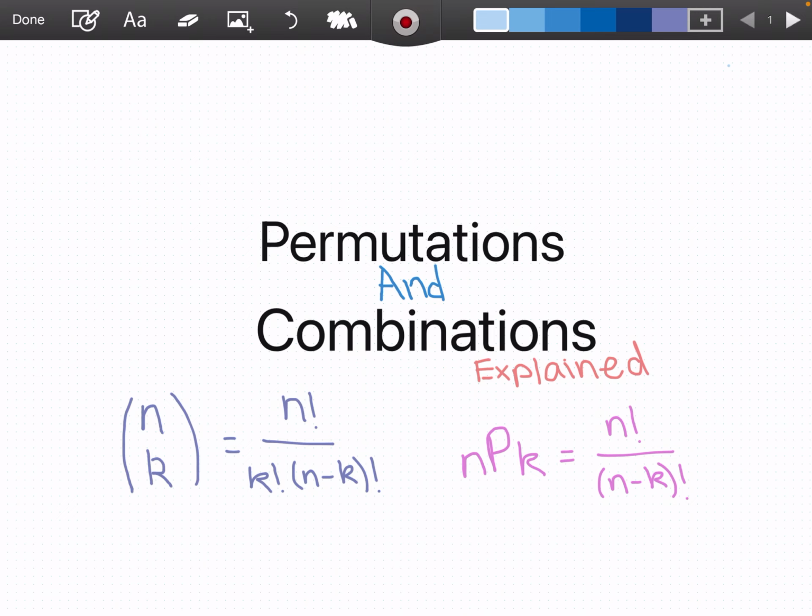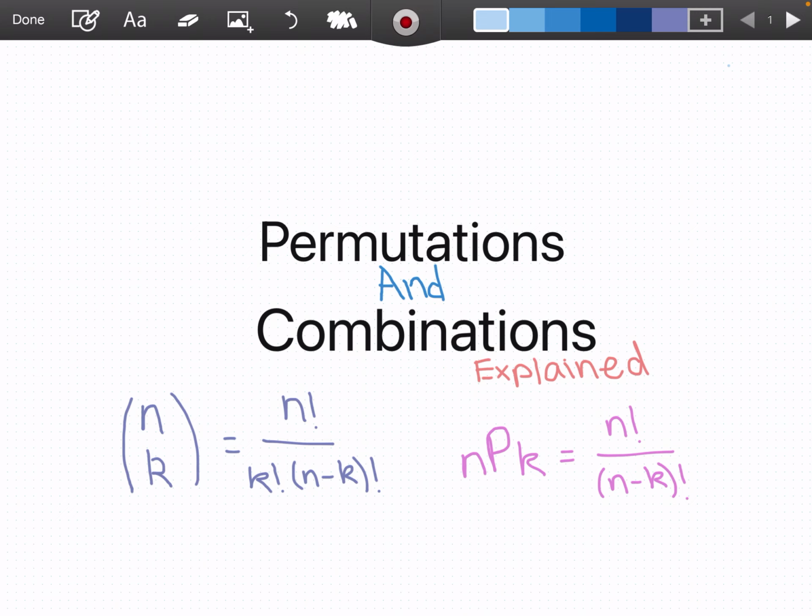The notation for permutations is over here, and we say that as n permute k. And for combinations, we see the notation over here, and we say it as n choose k. Another way to write this is n, then a big C, and the k. But the first one is more common when it comes to combinations.